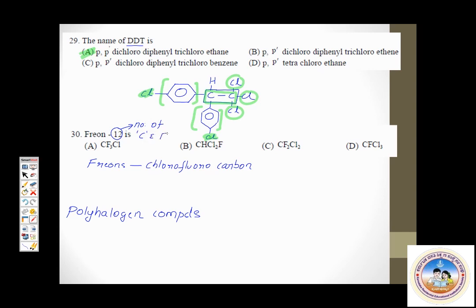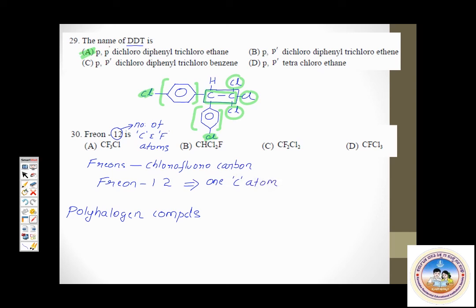So Freon 1, 2 indicates that there will be one carbon atom and two fluorine atoms.